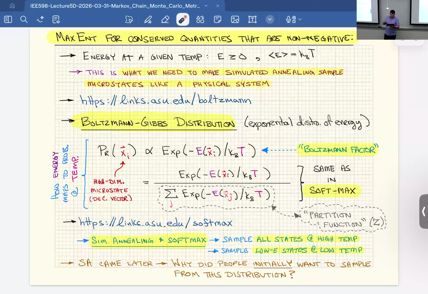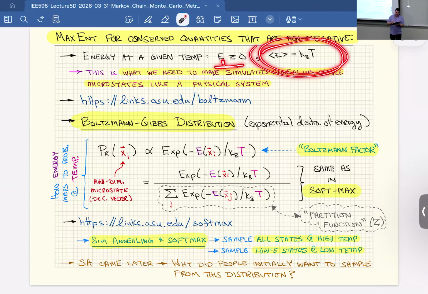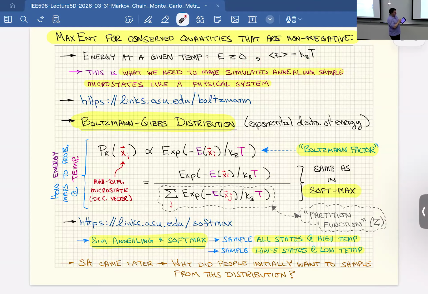And if you apply that to a constraint where energy is positive or non-negative and the average energy is fixed, then you get the Boltzmann-Gibbs distribution, which in this case we're considering discrete energy states.